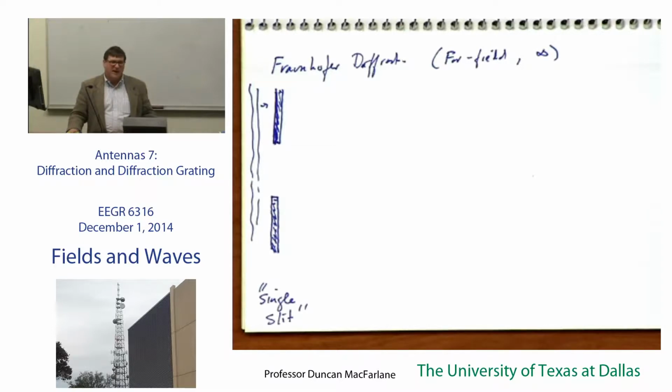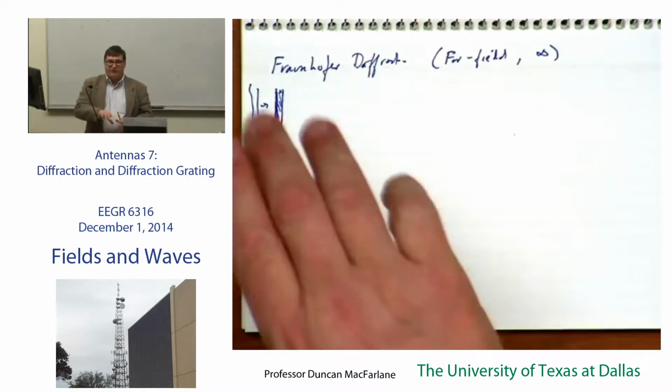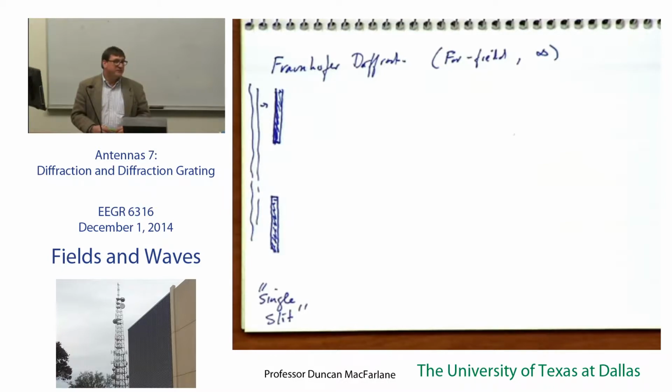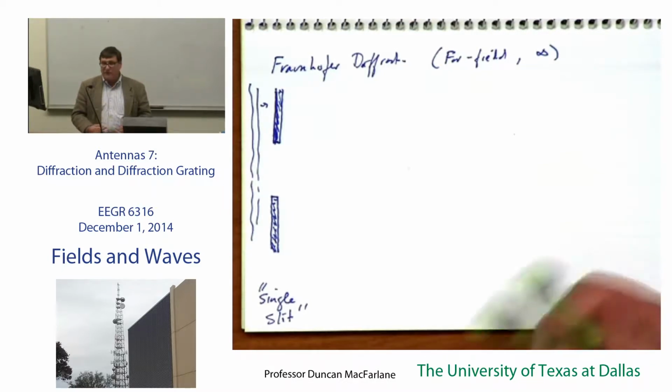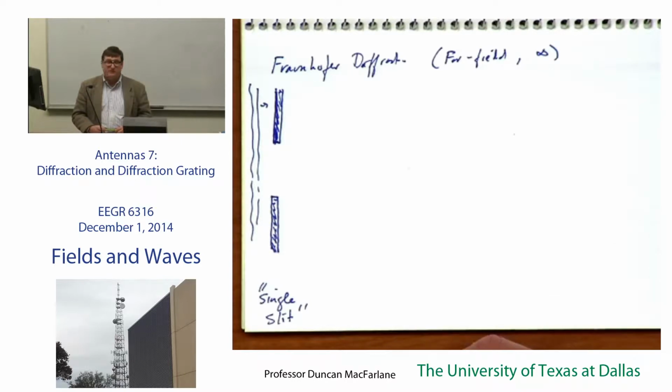Again, that's not necessarily a huge trick, but it's relevant in the context of an implementation of this. Because who wants to wait for infinity? So you can move infinity closer by imaging and using a lens. And it's no coincidence that that lens would be called a Fourier transform lens.